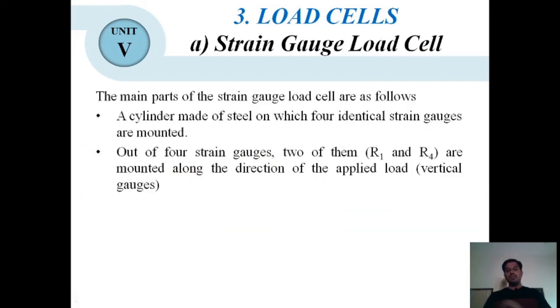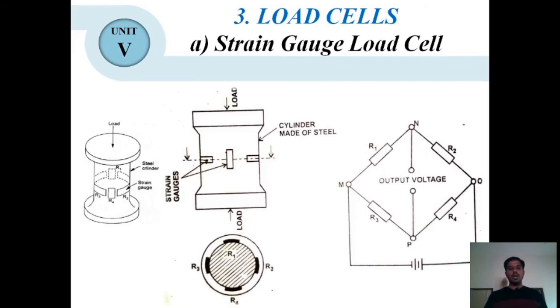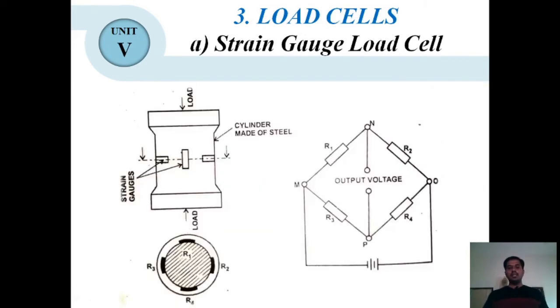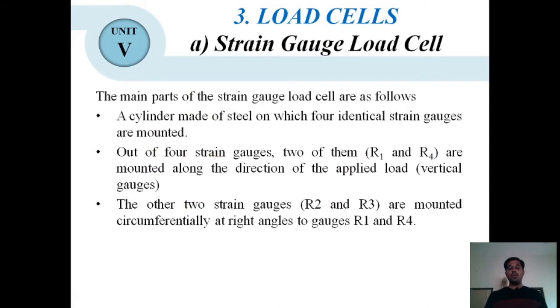Out of the 4 strain gauges, R1 and R4 are arranged along the direction of the applied force, whereas R2 and R3 are mounted circumferentially at right angles to R1 and R4.